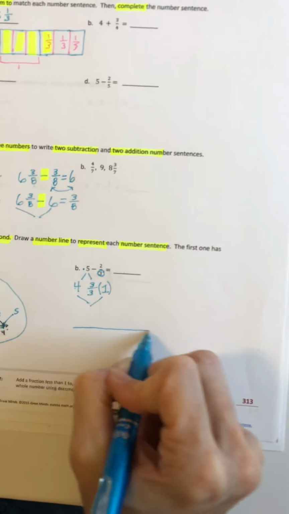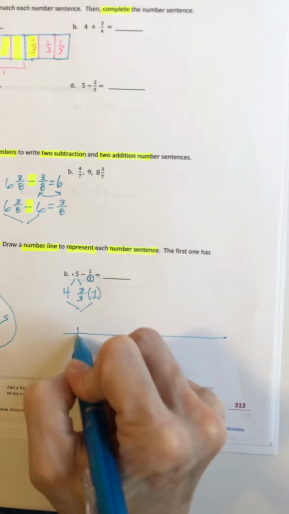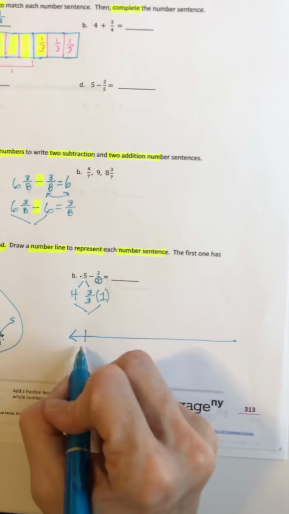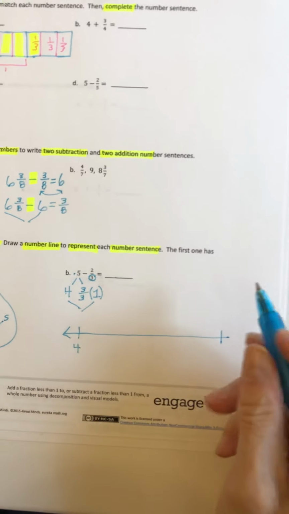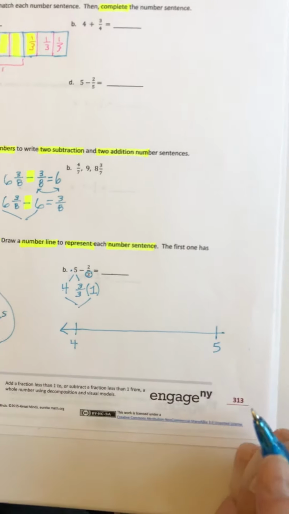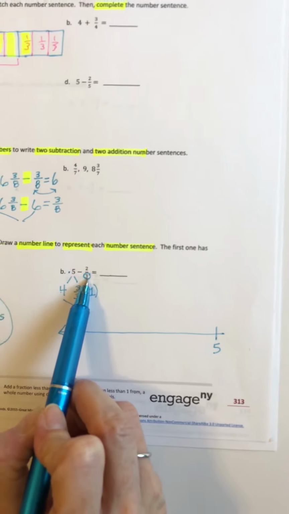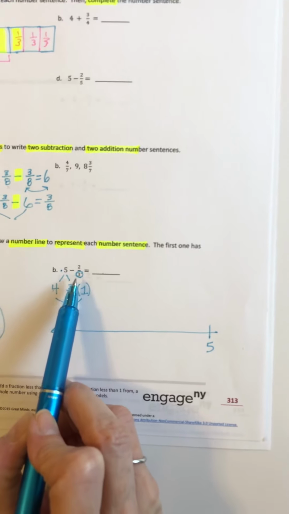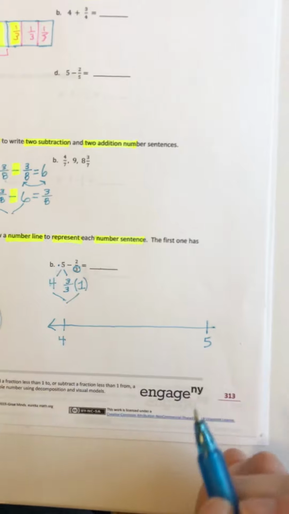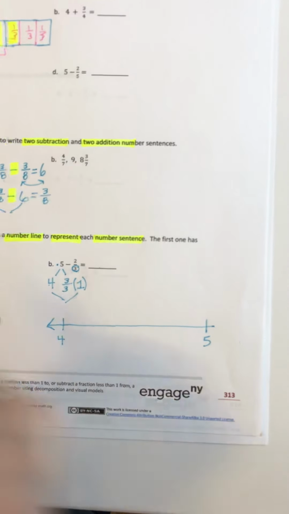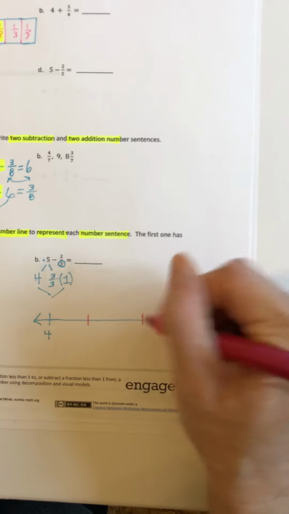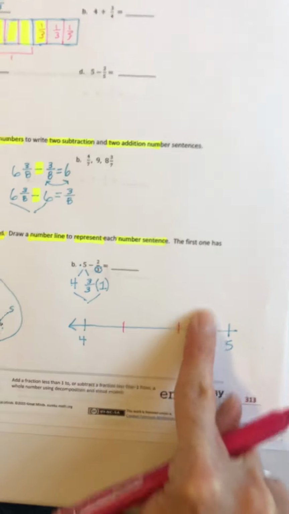So our number line becomes a number line between 4 wholes and 5 wholes. And our unit fraction tells us that we have to divide the wholes into thirds. So 1/3, 2/3, 3/3.